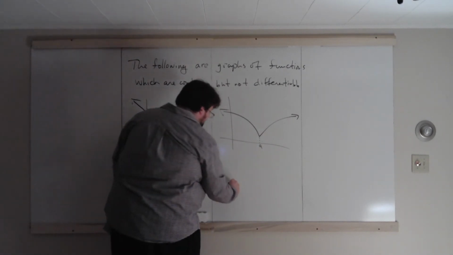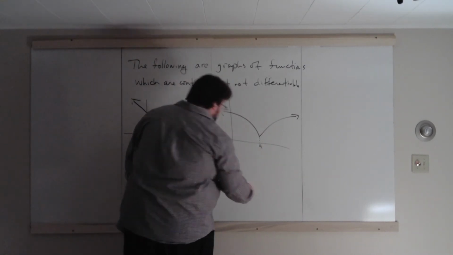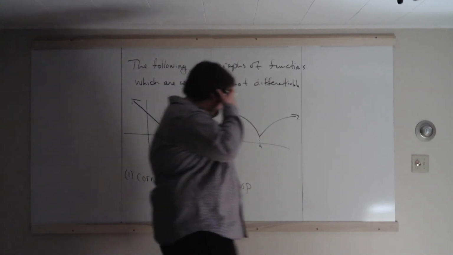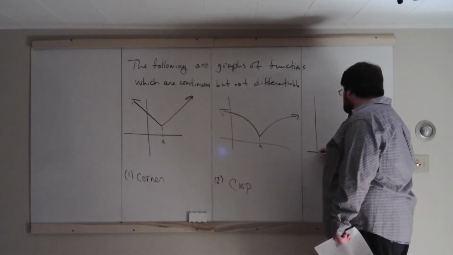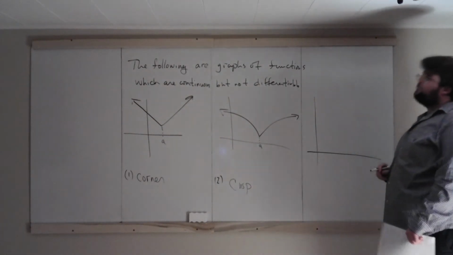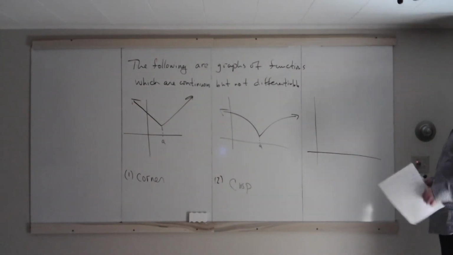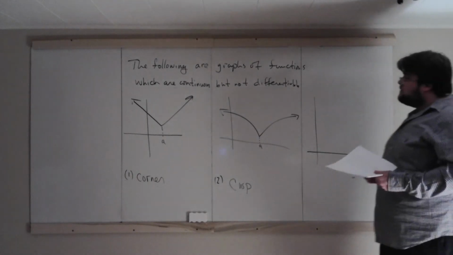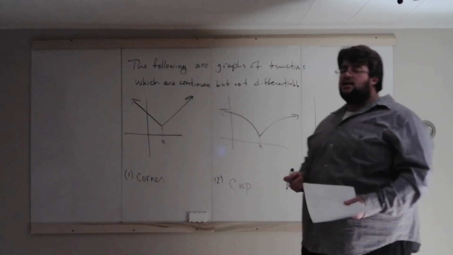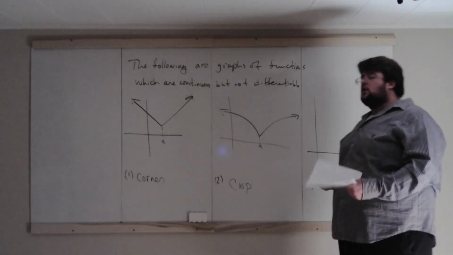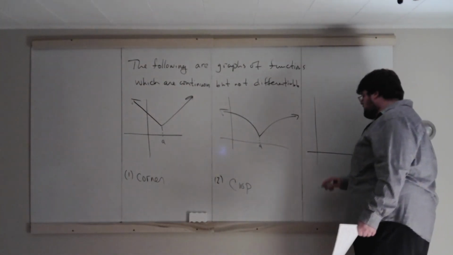And we're going to call this a cusp. And in math, infinity tends to result in additional cases that just finite numbers do not result in. And this is one of them.